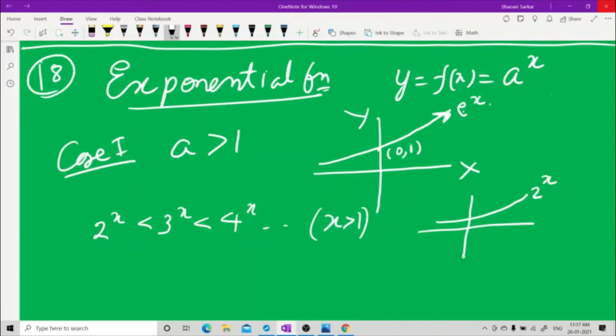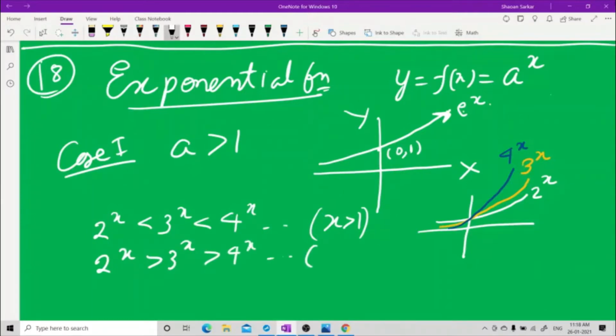This will be the graph of 3 to the power of x. Now let me take another color and draw the graph for 4 to the power of x. This is the way. Now if x is between 0 and 1, then 2 to the power of x is greater than 3 to the power of x, greater than 4 to the power of x.